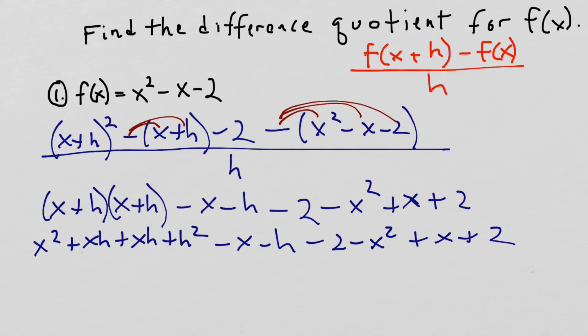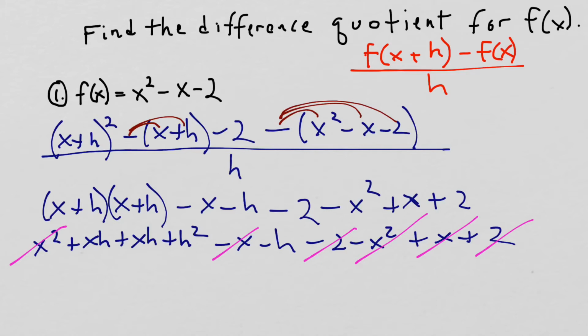All right, so let's combine like terms and cancel anything that's exactly the same. So this is going to cancel. x squared minus x squared, those two cancel. Minus x plus x, those two cancel. Negative 2 plus 2, those two cancel.